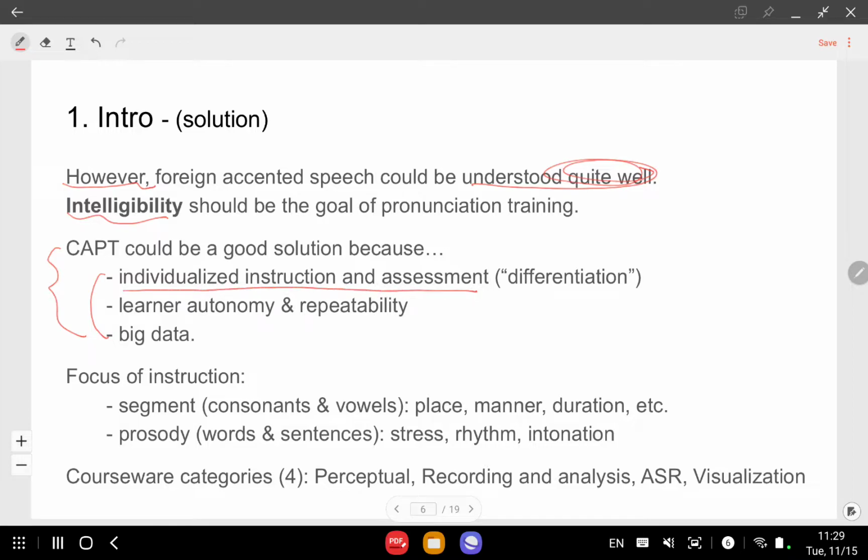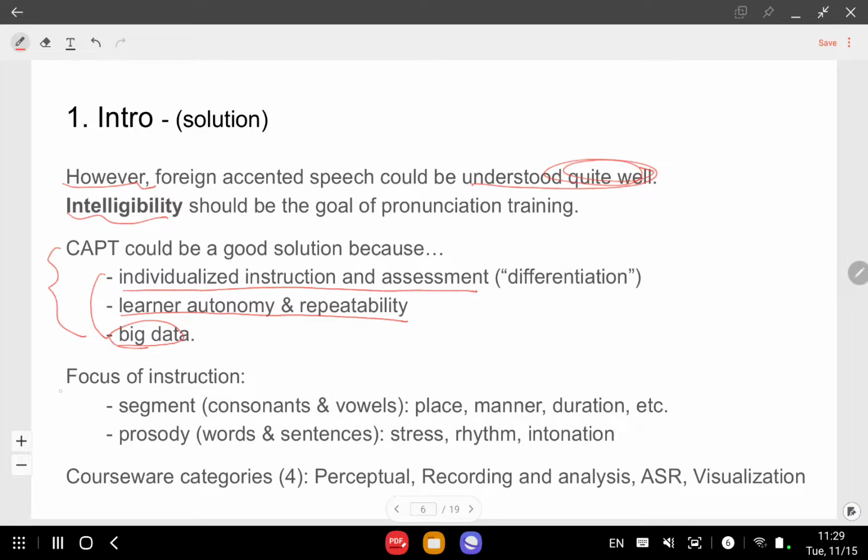Individualized instruction and assessment is possible through CAPT. It can provide learner autonomy and repeatability, and the big data accumulated in the system could be used for better assessment, analysis, or diagnosis.